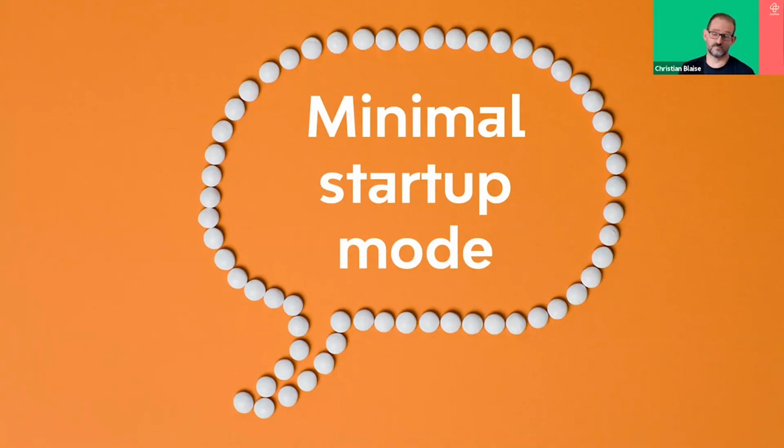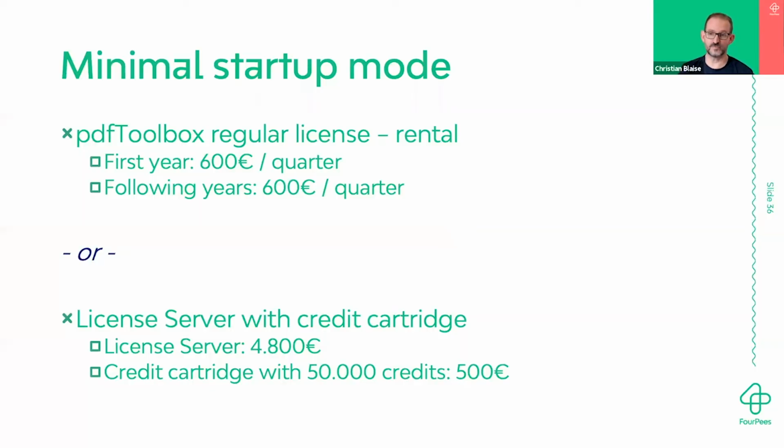I think that probably renting a regular license would make it, because it's where you pay the least. If you rent a license, that's going to bring your investment to 600 euro per quarter.